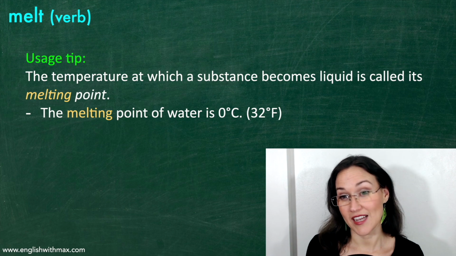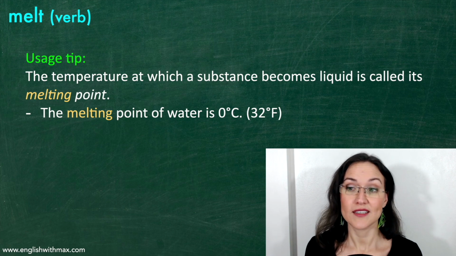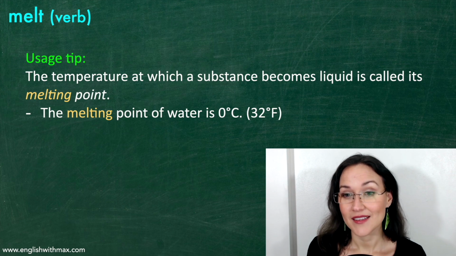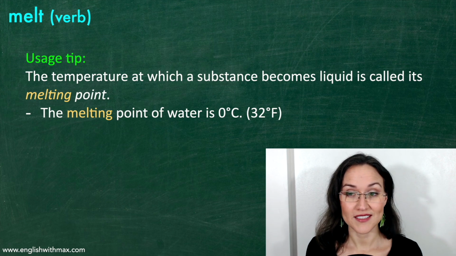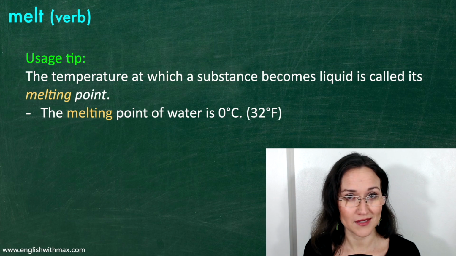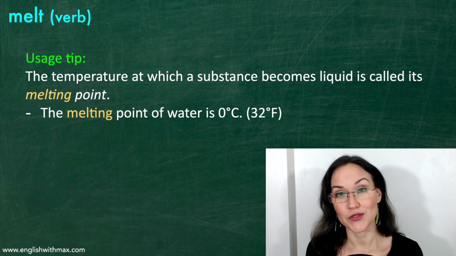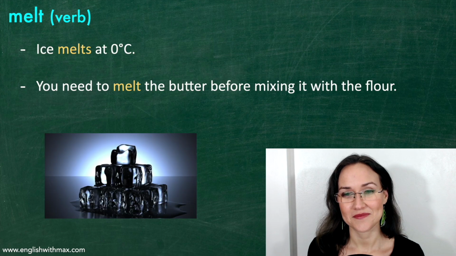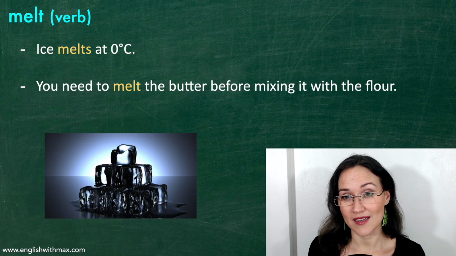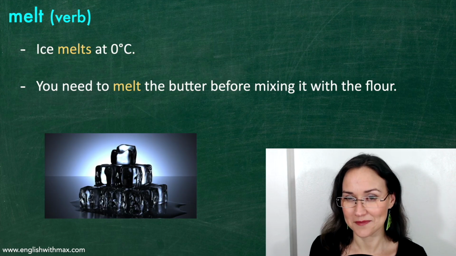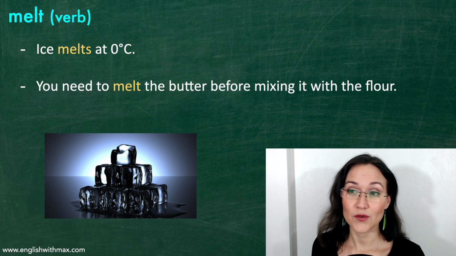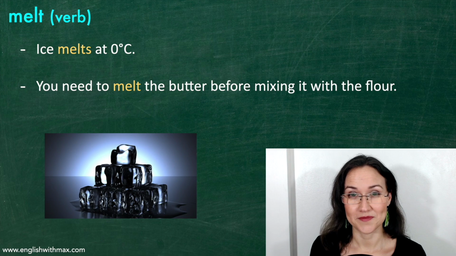The temperature at which a substance becomes liquid is called its melting point. The melting point of water is 0 degrees Celsius, or 32 degrees Fahrenheit. Ice melts at 0 degrees Celsius. You need to melt the butter before mixing it with the flour.